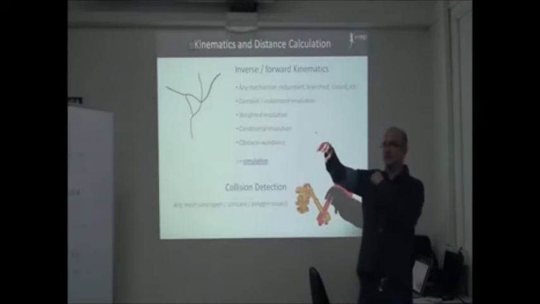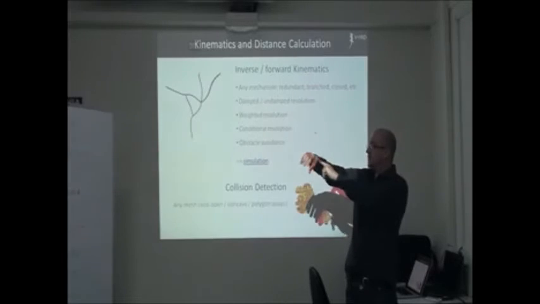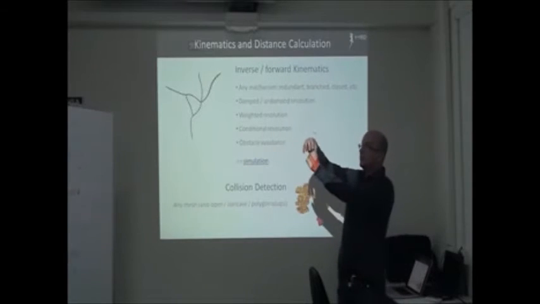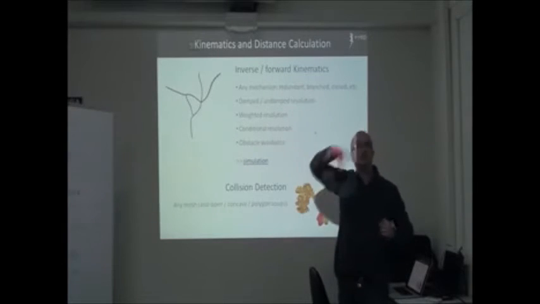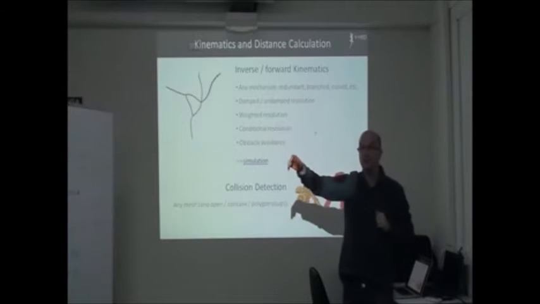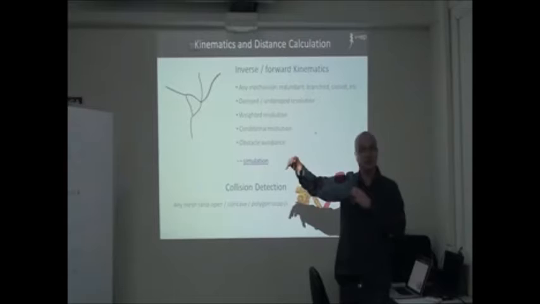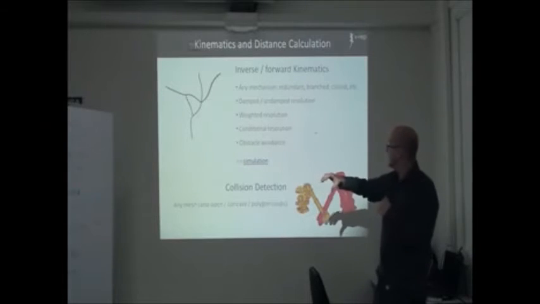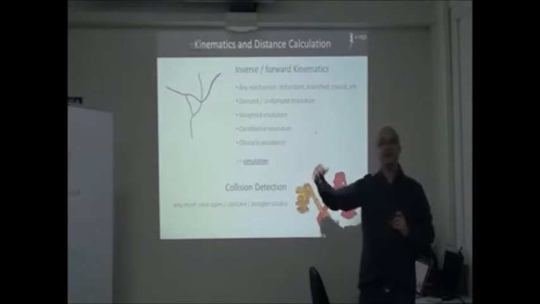So forward kinematics is if I put this angle and this angle to the robot, where will be in space my manipulator, my tool? Where will it be? So this is forward kinematics. This is not so complicated to calculate.